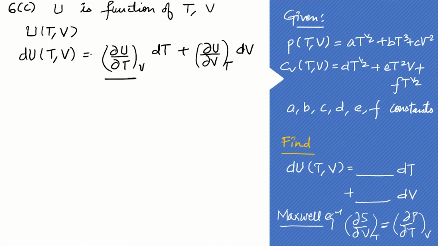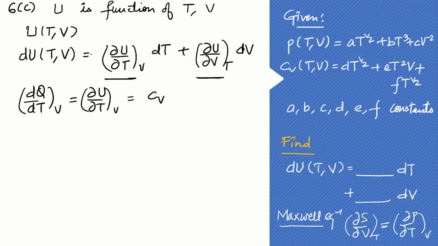So we have to find out these two derivatives in order to get this differential of internal energy in terms of dT and dV. So let's find out ∂U/∂T. So we know this dQ/dT at constant volume is equal to (∂U/∂T) at constant volume, which is equal to C_V. So this is simple. Now let's find out the ∂U/∂V at constant temperature.